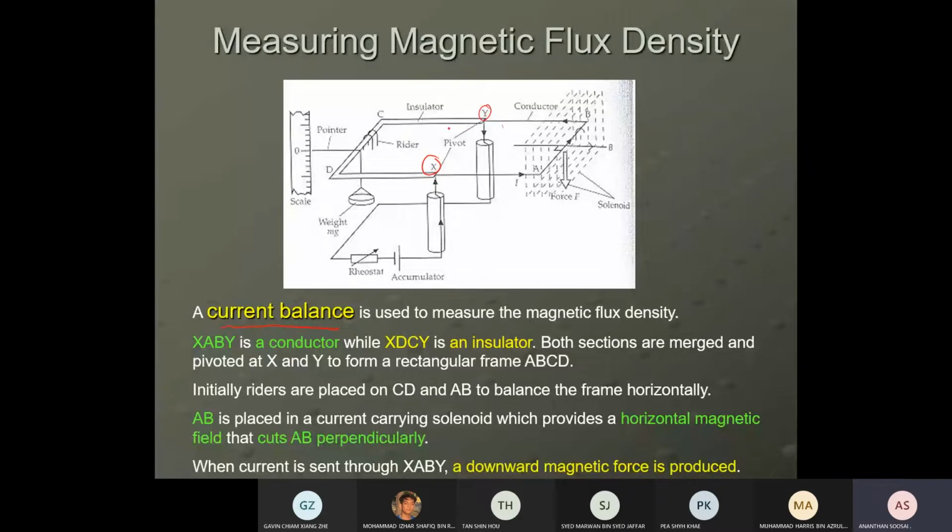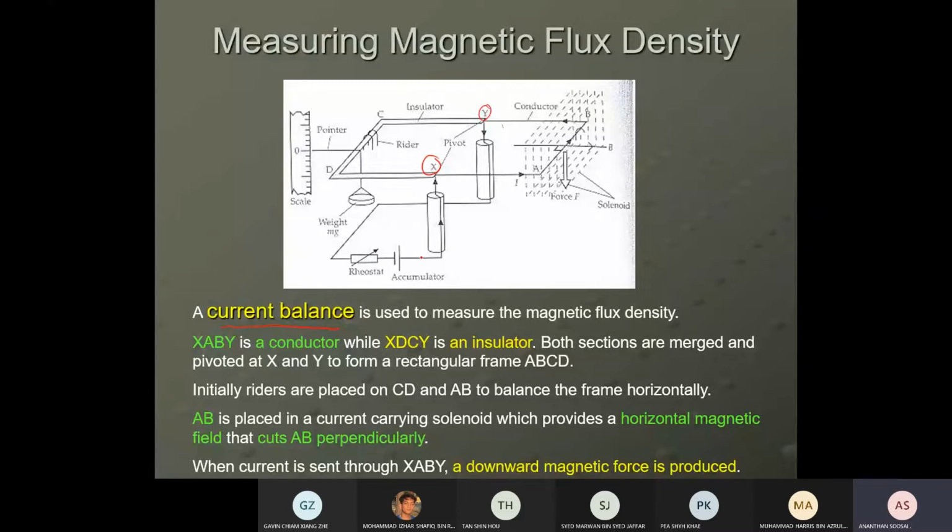The left hand side is an insulator made of plastic. The right hand side is a rectangular wire, a stiff one, so it's straight. We have a circuit at the bottom.